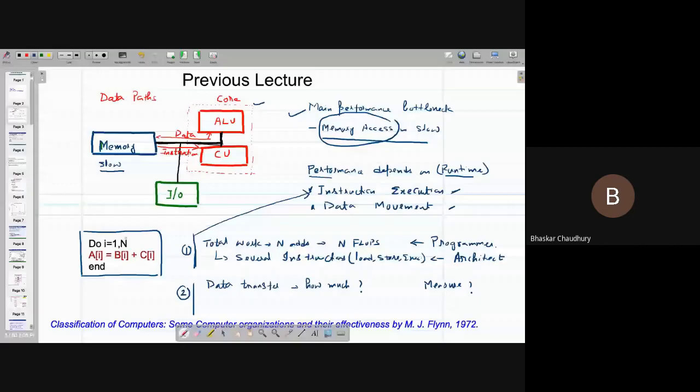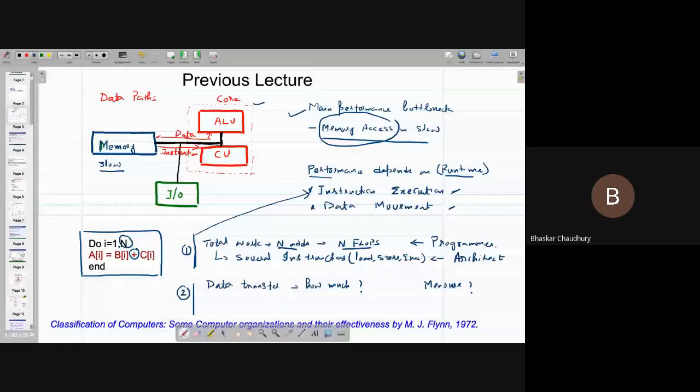He or she will look into how many flops I am doing. Because it is n here, the programmer will simply calculate that I am doing n additions, so I am doing n flops, n floating point operations.